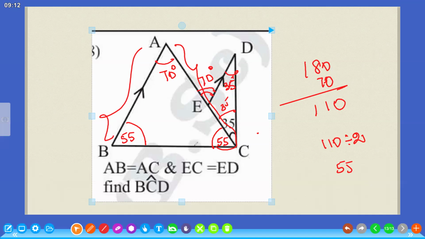They ask for BCD, so the total is 55 plus 35, so 90 degrees. Next, students, check this answer.